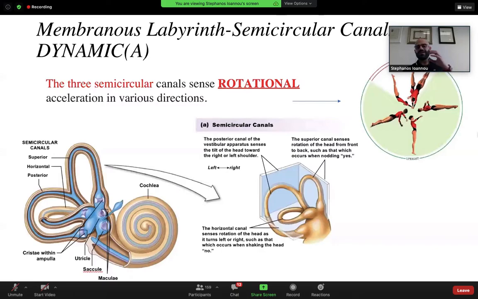This is why we have an enhanced perception of where our head is in space and time. However, the semicircular canals facilitate more vigorous movement of the body. This is why over here you see an Olympic athlete performing what we call a somersault.